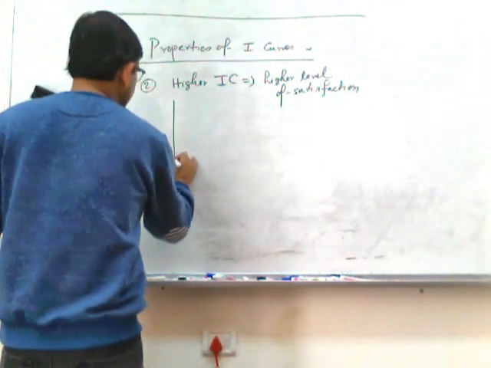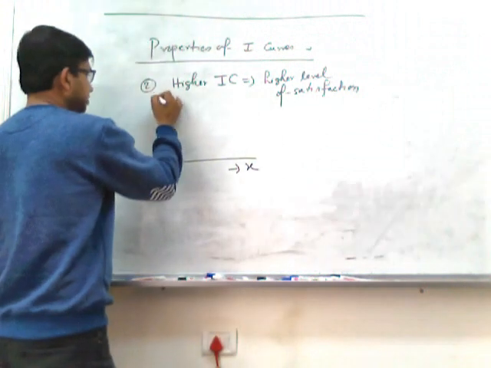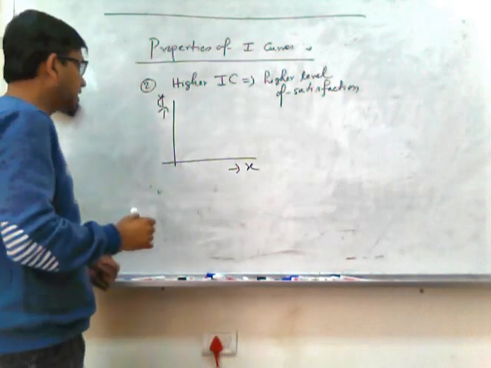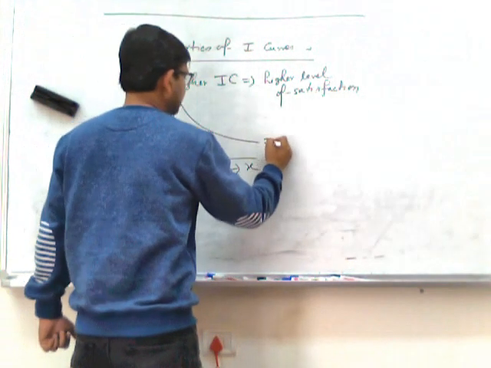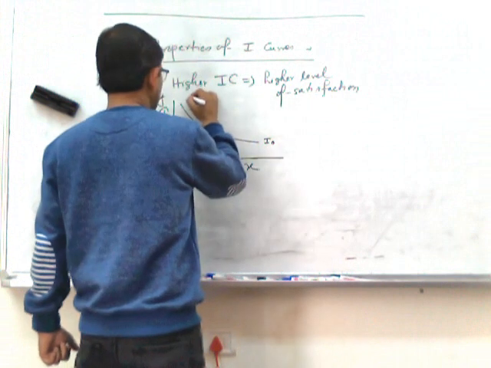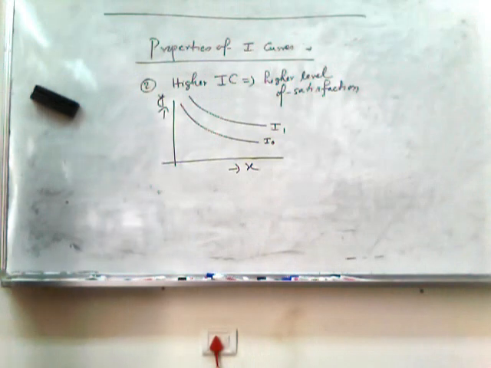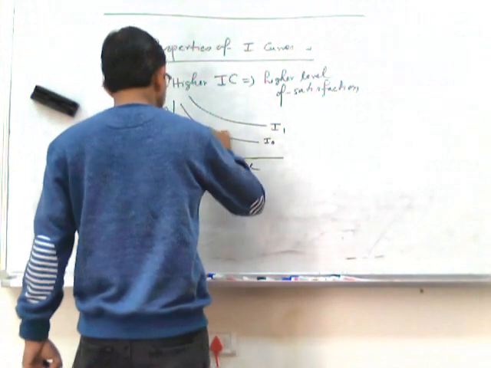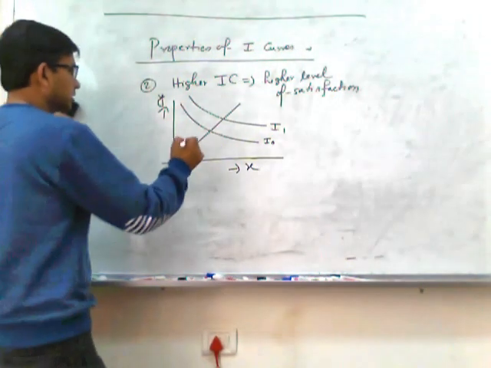So let us consider two indifference curves are there. In horizontal axis we are measuring x, on vertical axis we are measuring y. So this is my initial indifference curve I0 and higher indifference curve I1. So now just we can draw one straight line from the origin. And let's take 2 points.